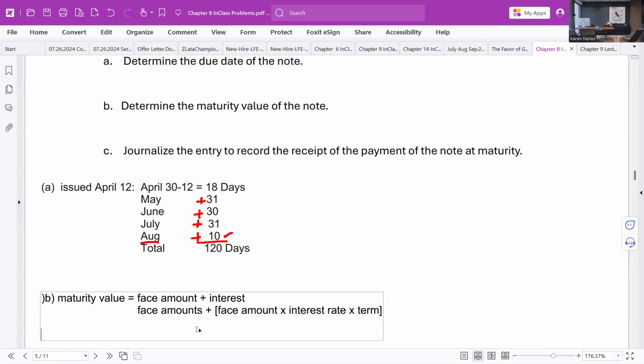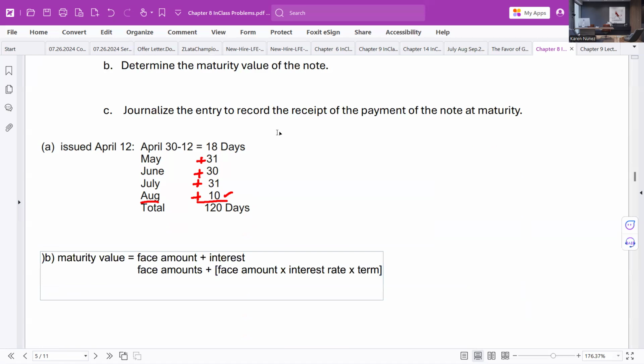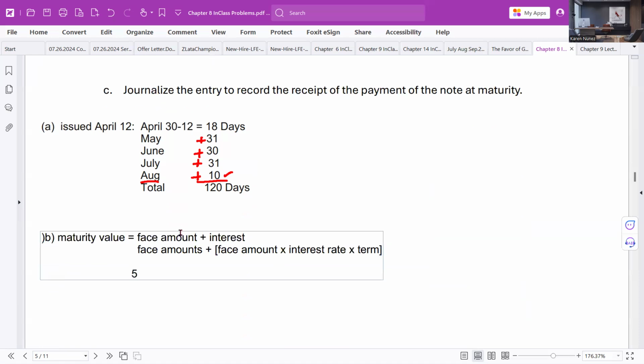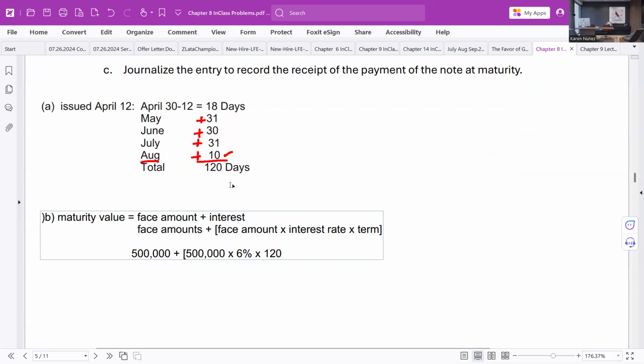So let's fill in some numbers here. The face amount of this note, how much is the face amount? It's $500,000, 6% interest, 120 days. So we got 500,000 plus 500,000 times 6% times, it's a 120-day note, 120 days out of 360 days.